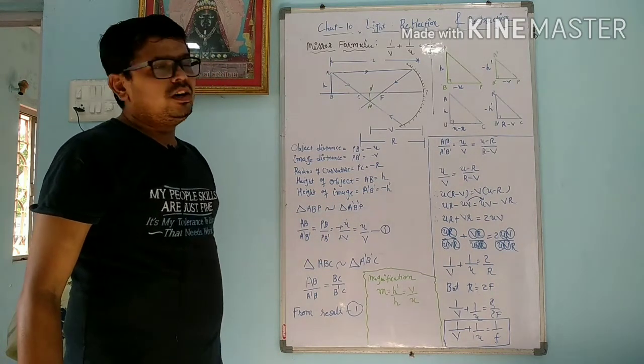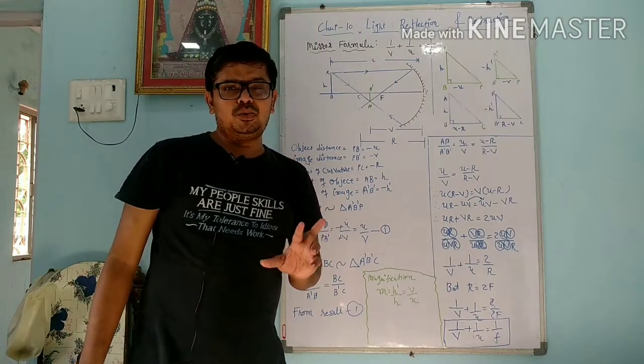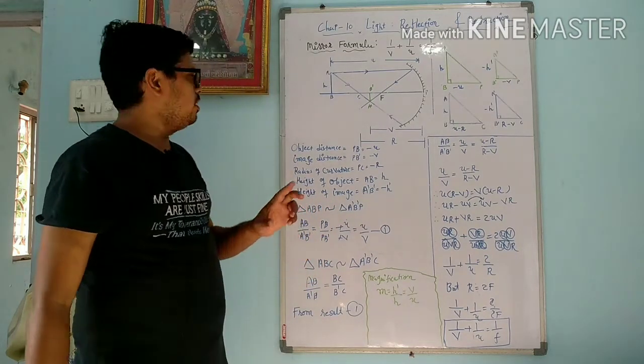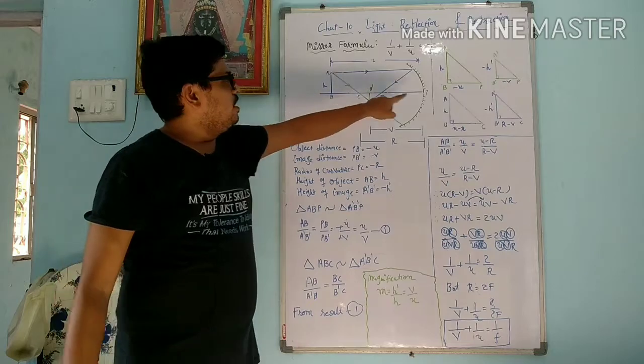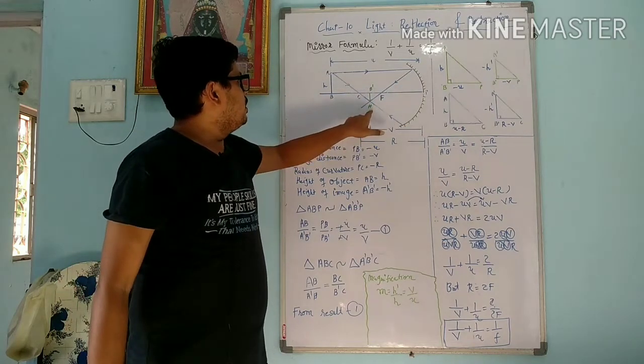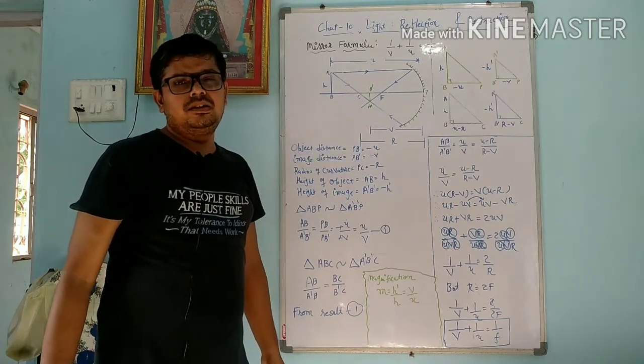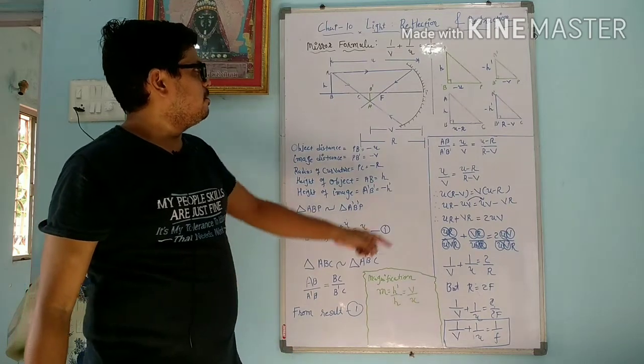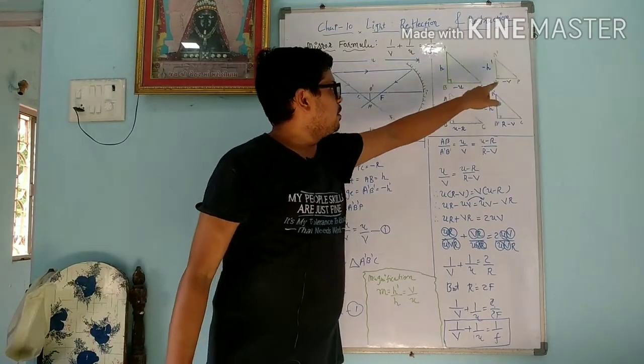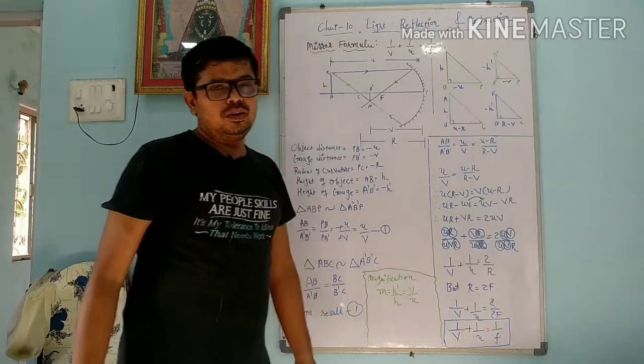Okay, dear student, we have to find the similarity between two triangles, so we will take two triangles: triangle ABP and triangle A dash B dash P. These two triangles are similar triangles because their sides are in proportion as well as their angles are congruent.